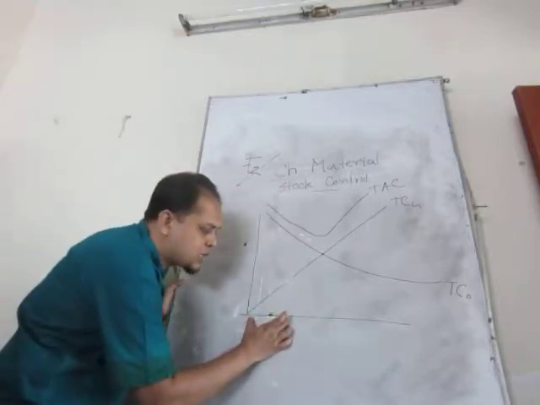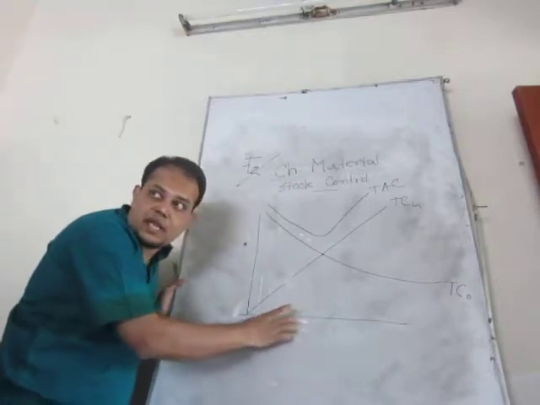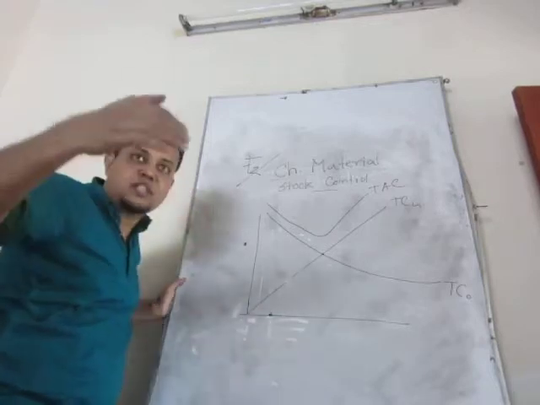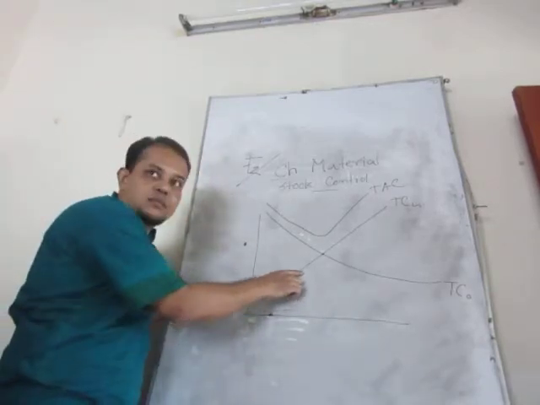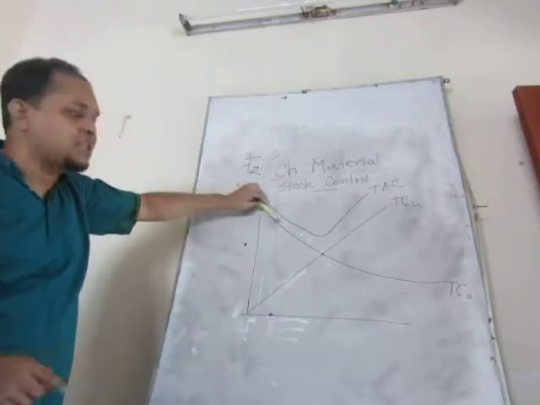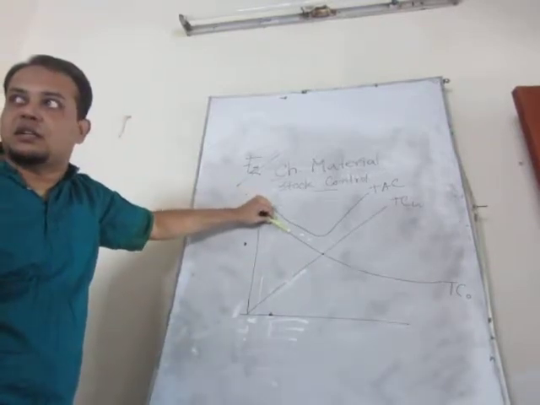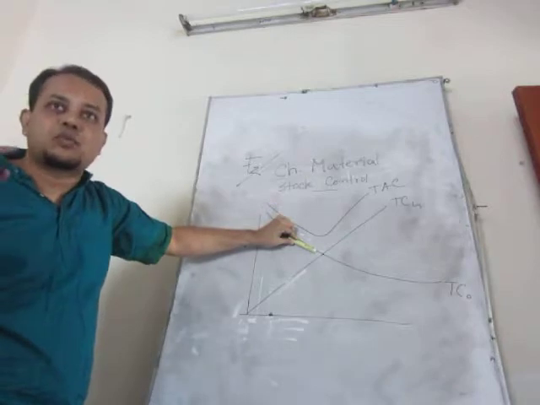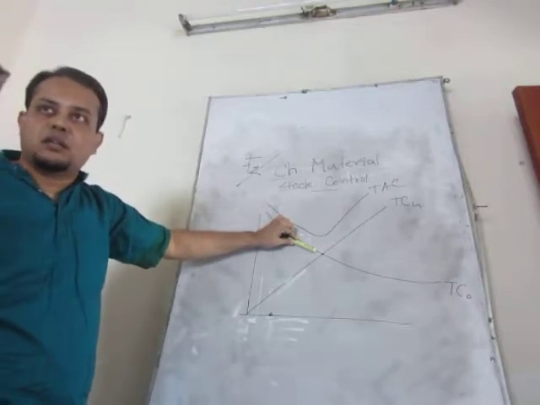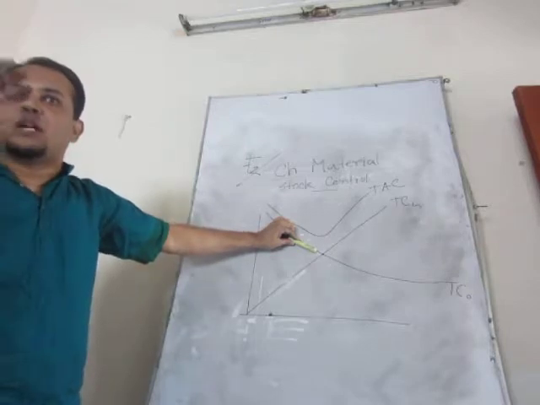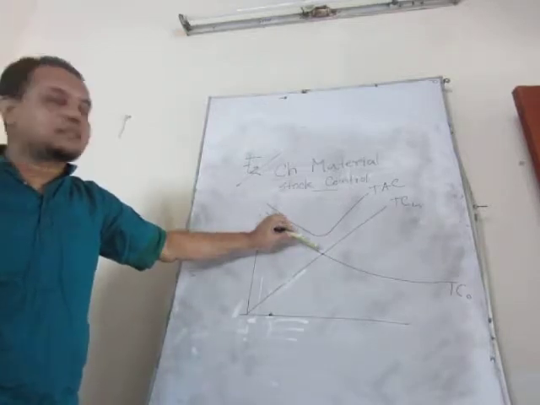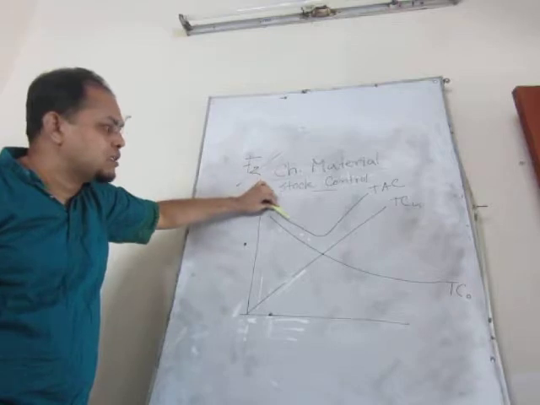As you are stocking more, your holding cost is increasing, but your ordering cost is decreasing, right? So one is offsetting the other, one is complementing the other. As a whole, your total TAC is decreasing.